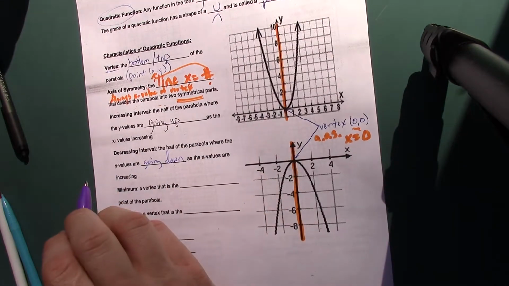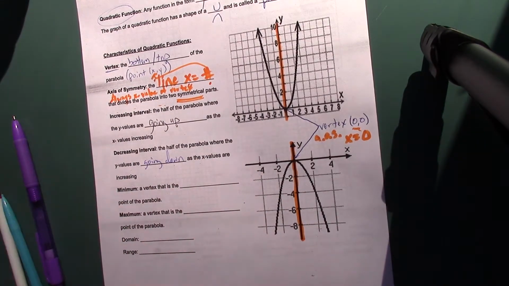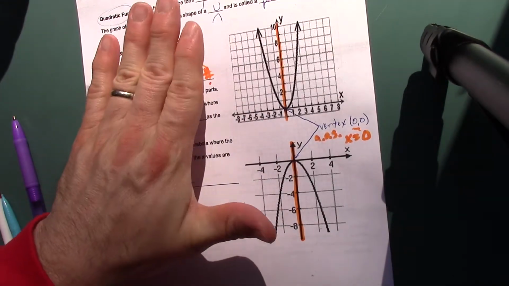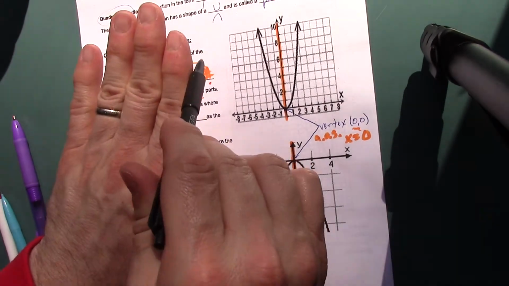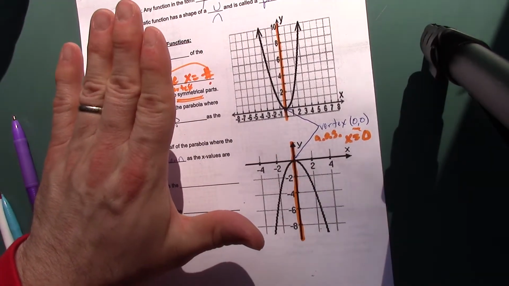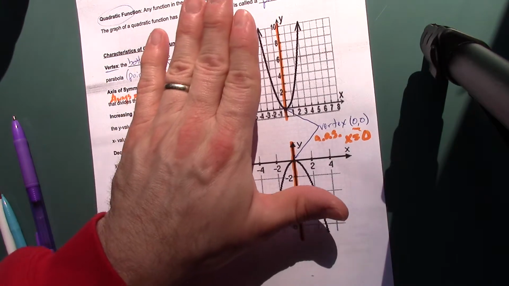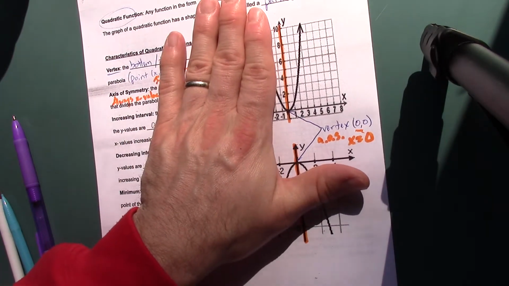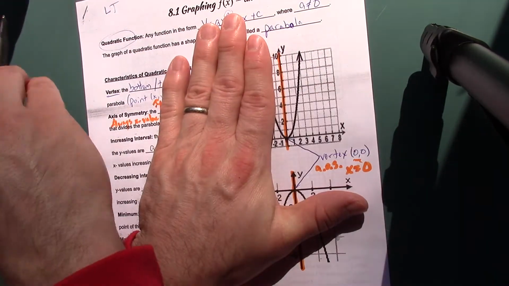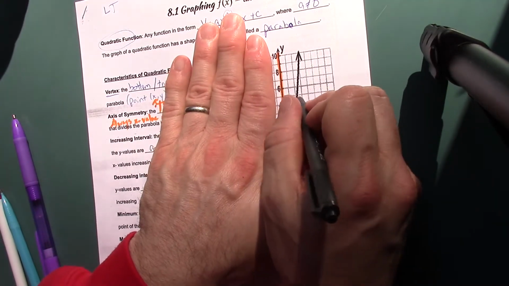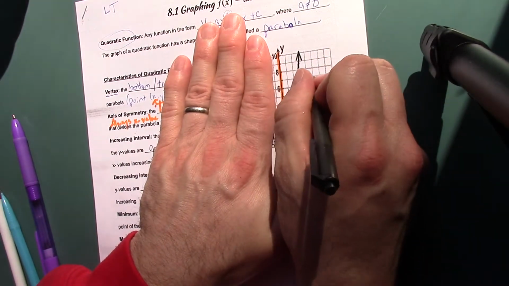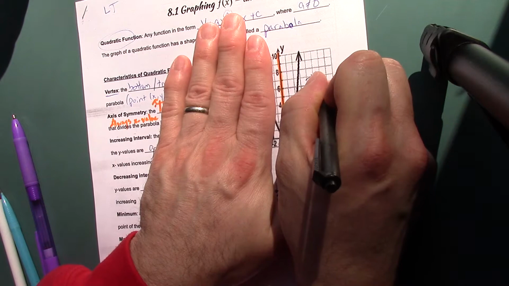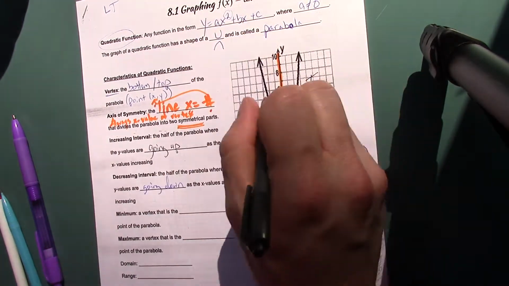To determine whether something is increasing or decreasing, if you remember, I talked about the left hand trick. This is your left hand because it makes an L. You cover the left side of the graph, and I look at that and see an arrow that is going up. So that side is increasing, which means automatically the other side is decreasing.